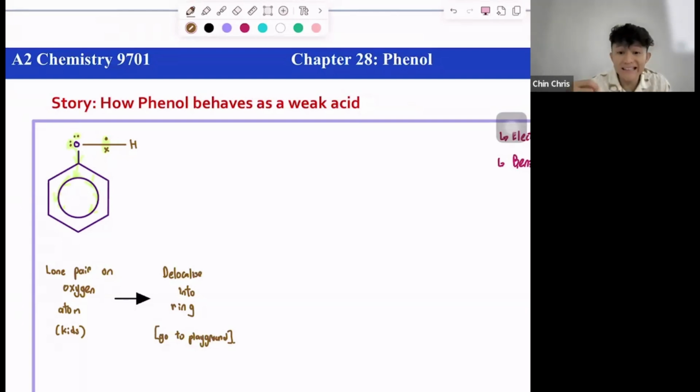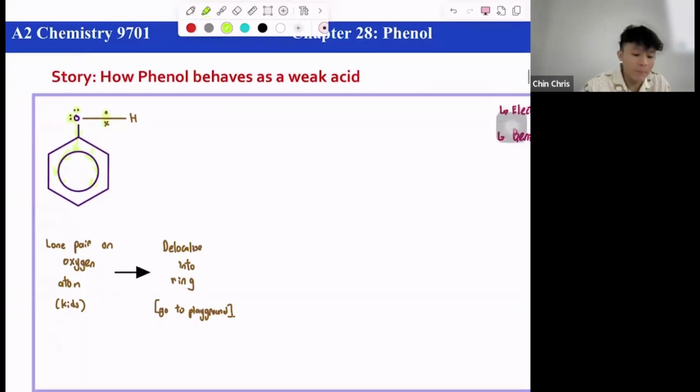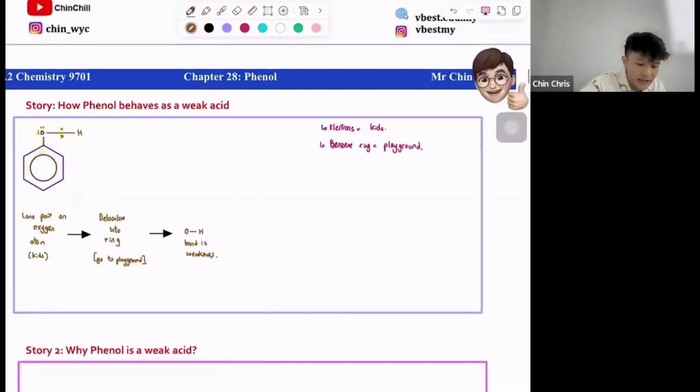So guys, when this happens, please tell me what happens to the OH bonding. Will this bond be stronger or weaker now? Weaker, because this electron has gone into the ring already, understand? So the OH bond right now is weakened. Alright guys, when the OH bond is weakened, what's gonna happen next?